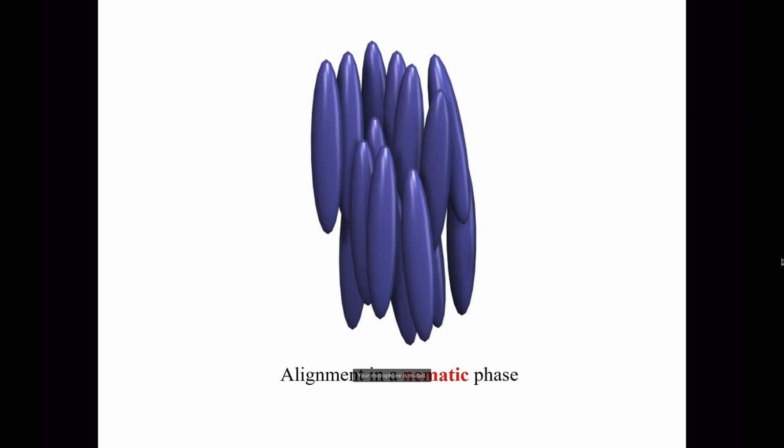This is the so-called nematic phase or nematic structure of the molecular crystal. And because these molecules are floating, we say that this is a liquid crystal. So this is the nematic structure of the liquid crystal.